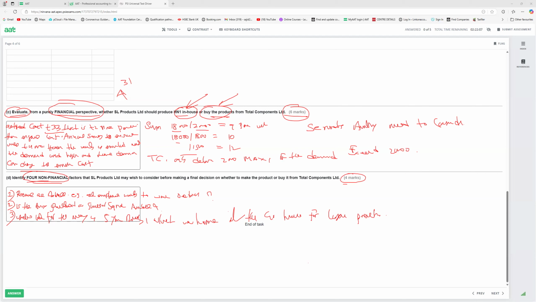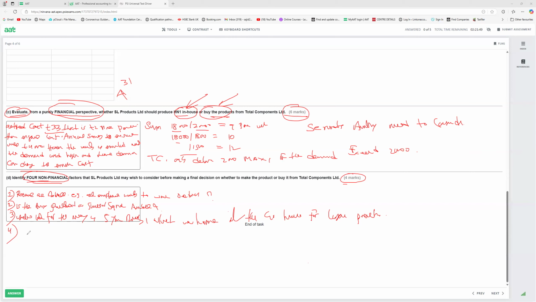Then the other point: the question mentioned that before, the total component couldn't deliver the product on time. So what is the guarantee they will not do it again?